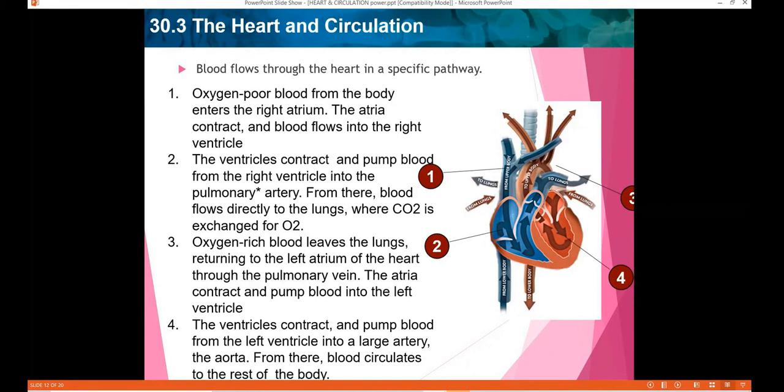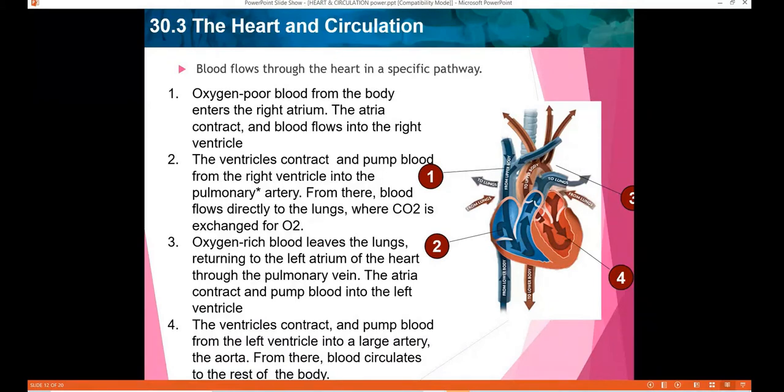Then as the atria, both of them, contract, the blood is pumped into the left ventricle, which is the largest chamber in the heart. The oxygen-rich blood from the left atrium enters the left ventricle, which you can see in red over here. This is the largest chamber of the heart. Now what happens in step 4?